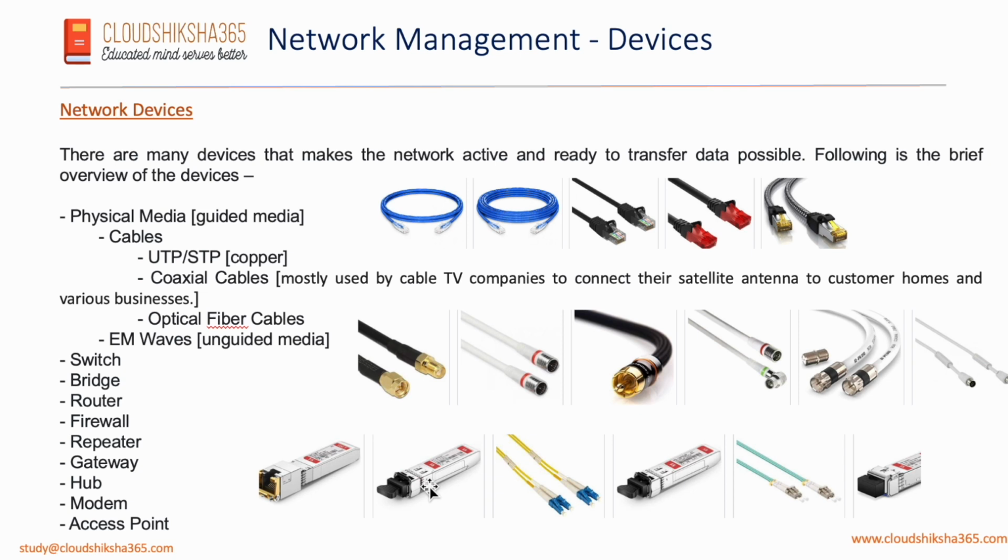Optical fibers are the latest network cables that provide you high bandwidth internet speed at your homes or in your offices. And then we have EM waves, wireless communication. So this is about physical media, and they make up the first layer of the OSI reference model. If you remember the OSI reference model that we covered in a few of my previous chapters, this is the physical layer, layer one.